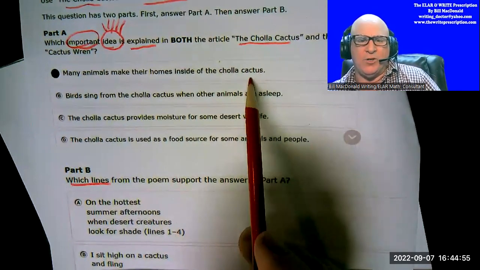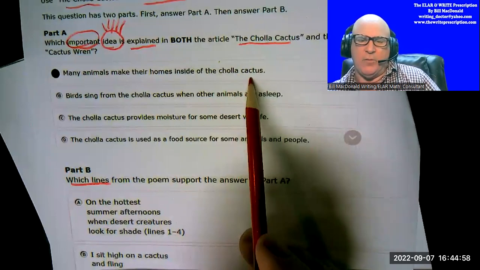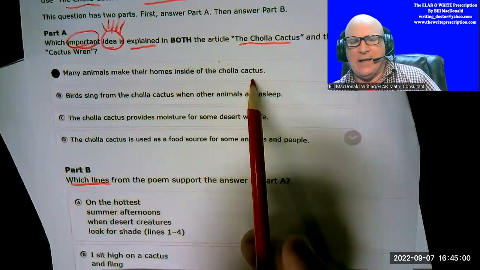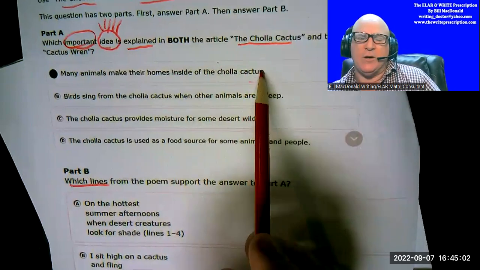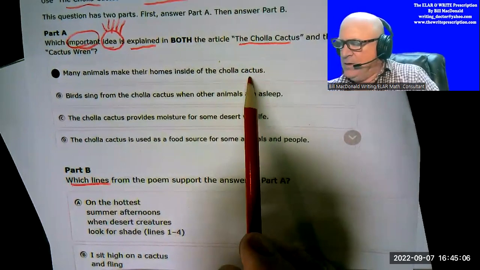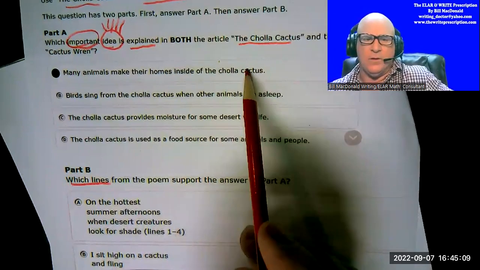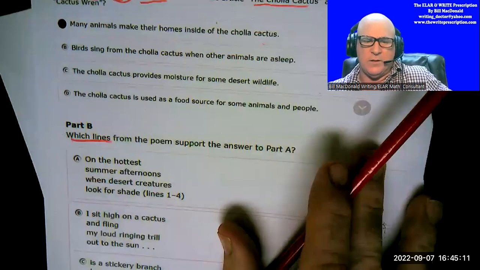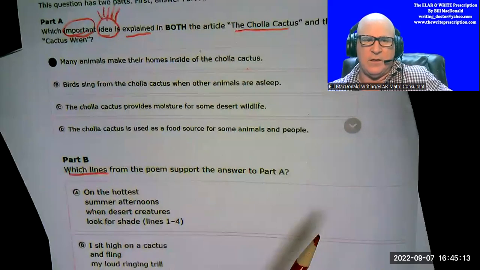Many people are not going to want to mess with an animal who's hiding inside a cactus. It would be like messing with a porcupine. That's not going to go very well. So, how can you prove that in both places? Let's see.